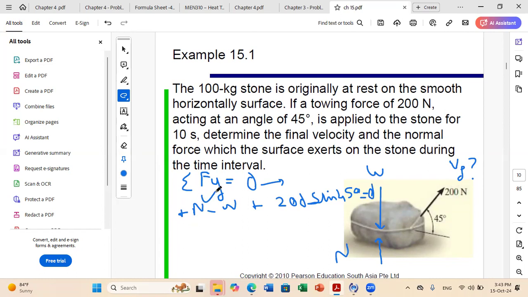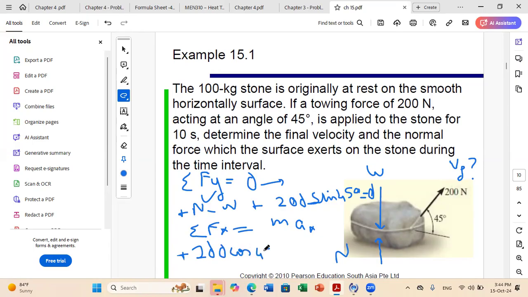Second step, to get V final, I need first to solve for ax. So sum of Fx equals m ax. Along x direction, what do I have? I have plus 200 cosine 45 only, okay?